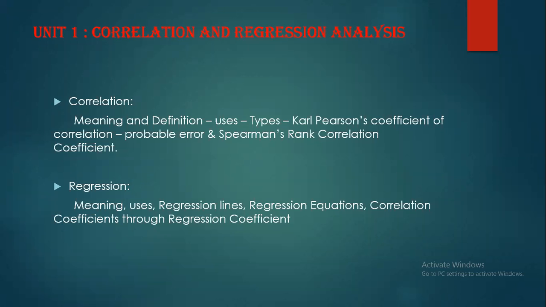Once again, correlation is a relationship between two variables, or a covariance between them. An increase or decrease in one variable is accompanied by an increase or decrease in the other.